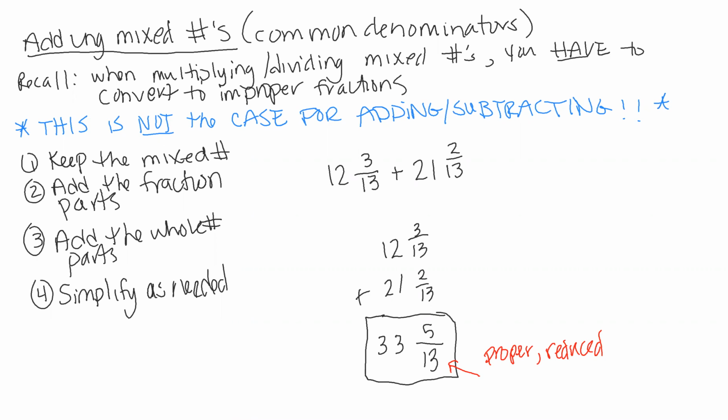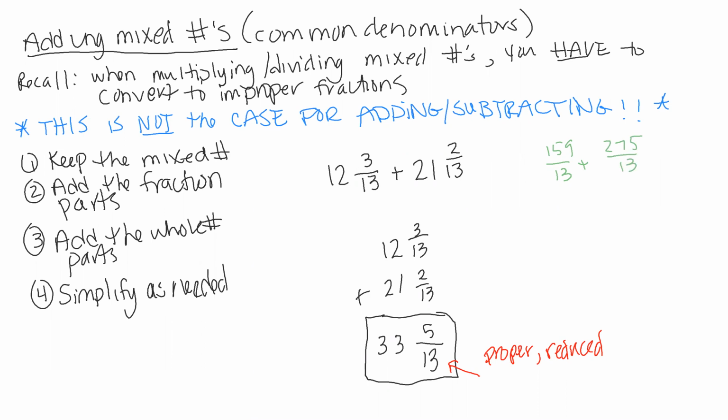Whereas let's just pretend that we went ahead and converted everything to improper fractions. So I'm going to use a calculator because these numbers are going to get big. I have 12 times 13 plus 3. So I would get 159/13. And then 21 times 13 plus 2, I would get 275/13.